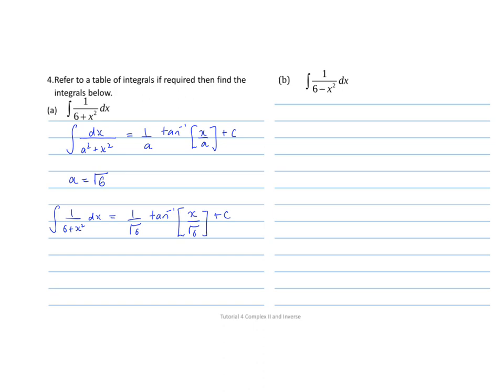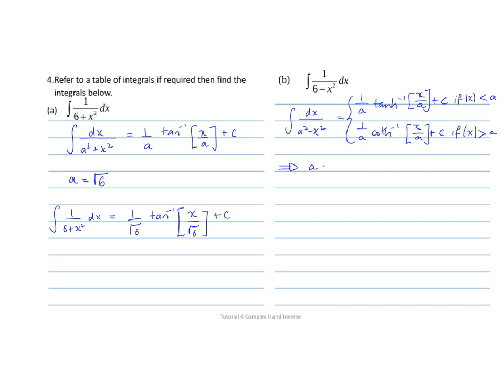In our table of integrals, we have dx over a squared minus x squared is equal to 1 over a, there's actually two of them here, inverse tanh x over a plus c if x is less than a, and 1 over a inverse coth x over a plus c if the magnitude of x is greater than a.